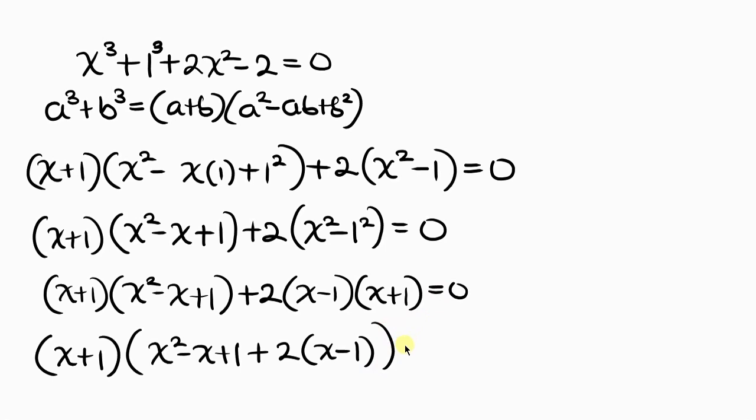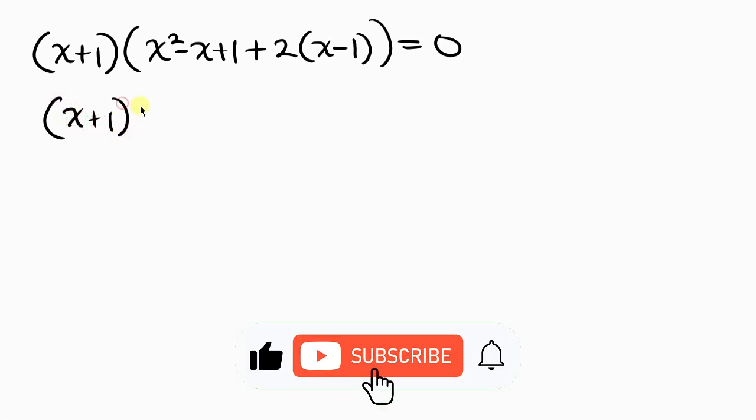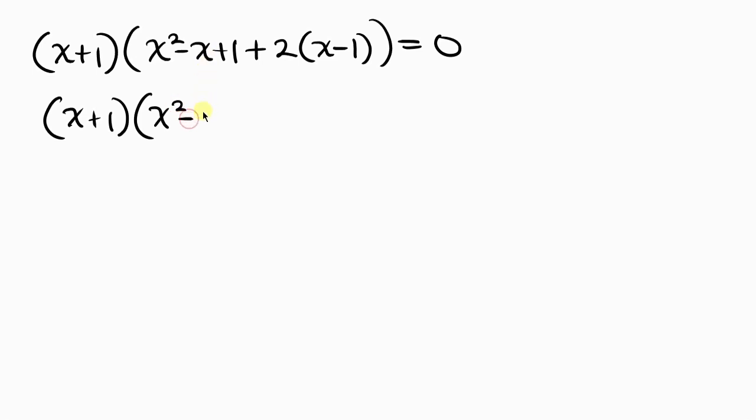Close brackets, and this is equal to 0. And now simplifying, we have x plus 1 times, this is x squared minus x plus 1 plus 2 times x is 2x, minus 2 times 1 is 2. Close brackets, and this is equal to 0.